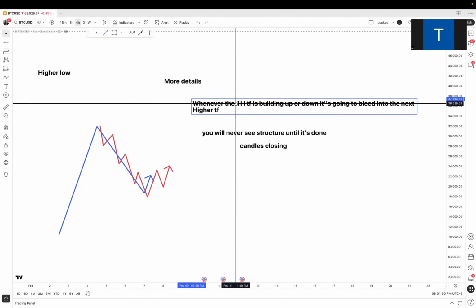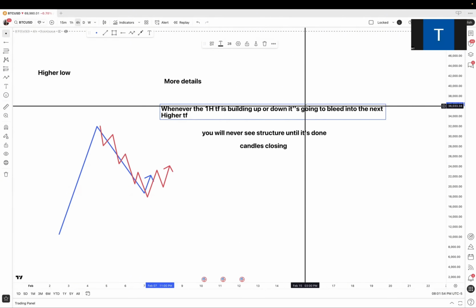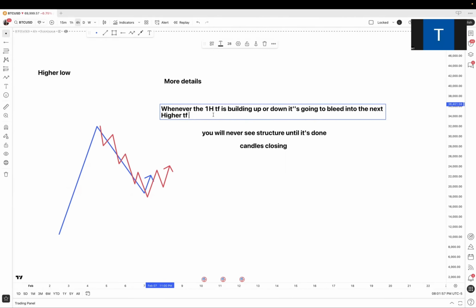So for me, whenever something is on the 1-hour time frame, it's going to bleed over into the 4-hour time frame. Whenever the 4-hour time frame is having some type of structure, the 4-hour is going to bleed into the daily time frame.